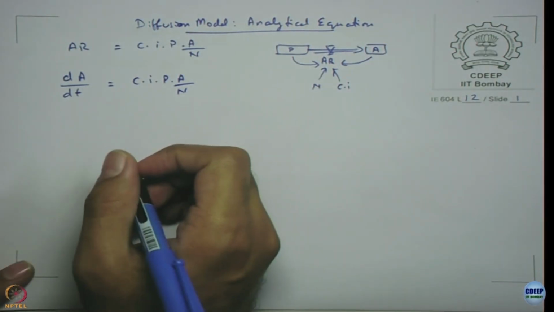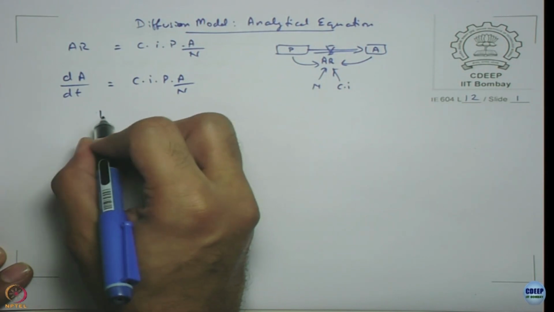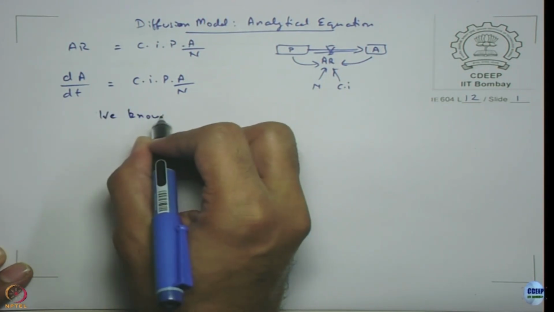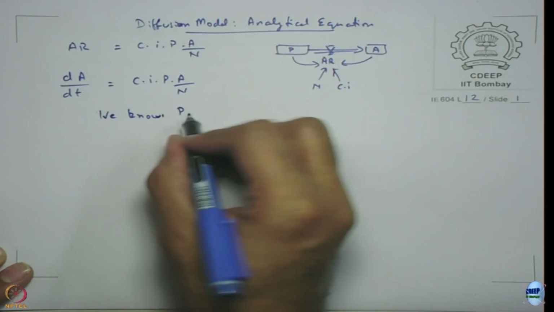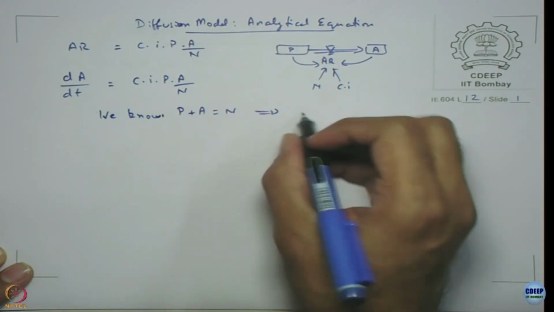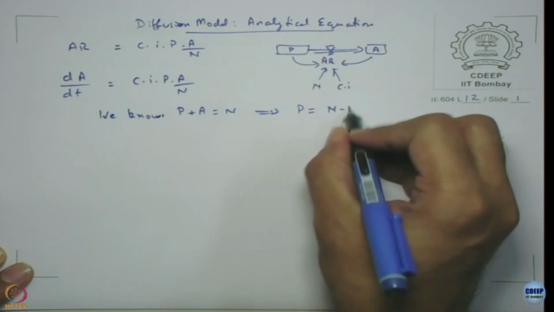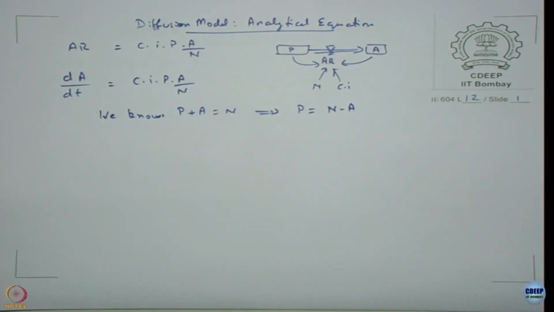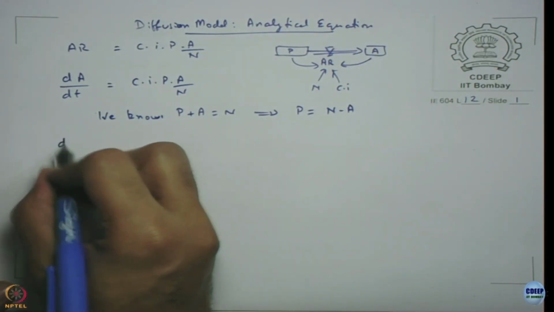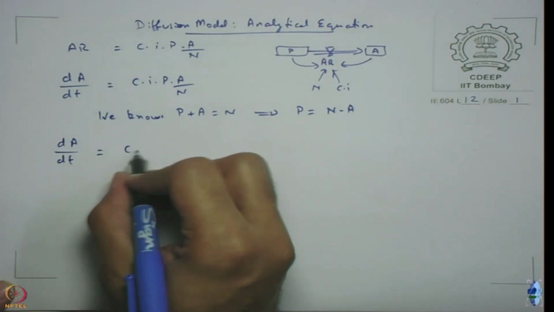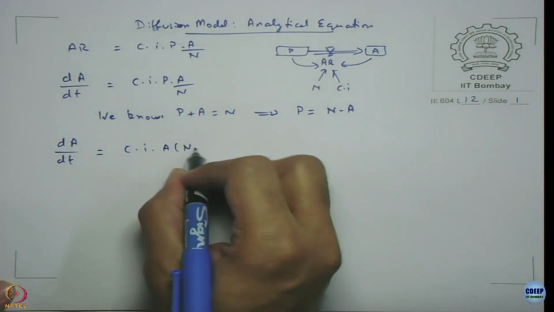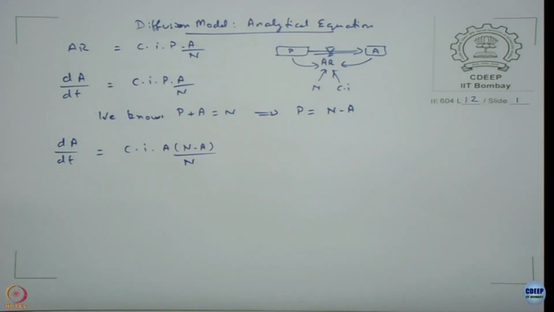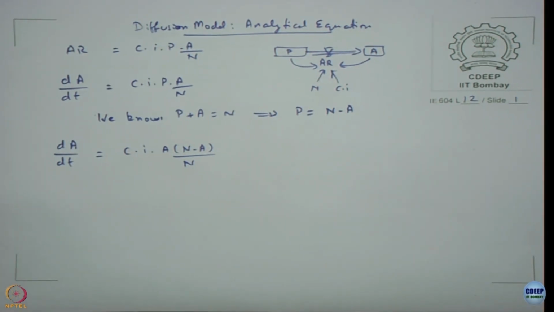We know that P plus A is equal to N or P is equal to N minus A. So, we can rewrite our dA by dt as C into I into A into N minus A by N. Remember what we did when you had exponential growth or asymptotic growth, we tried to solve the equations to figure out the analytical solution for it.